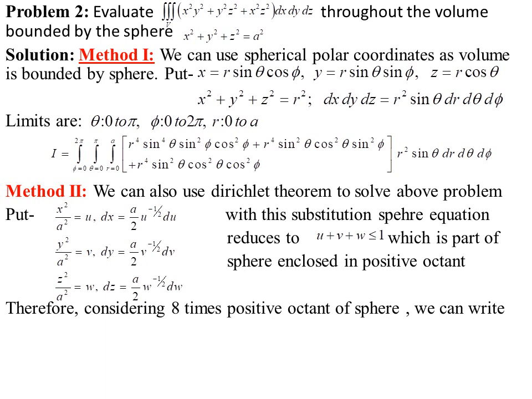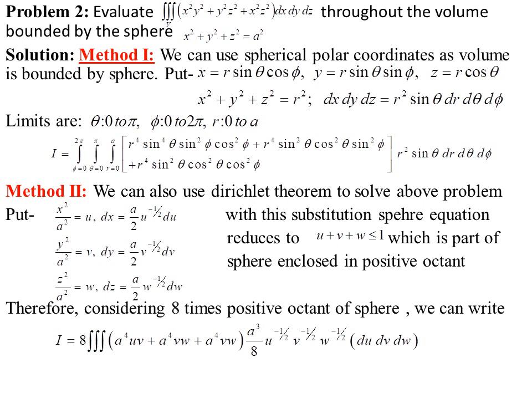So considering 8 times the positive octant of the sphere, we can write our triple integration as 8 into triple integration of a raised to 4 u v, this term corresponding to x square y square we have noted, plus a raised to 4 v w, plus a raised to 4 v w, into a cube by 8 with respect to dx dy dz. We are making the substitution, and hence we get a cube by 8 u raised to minus half v raised to minus half w raised to minus half into du dv dw.